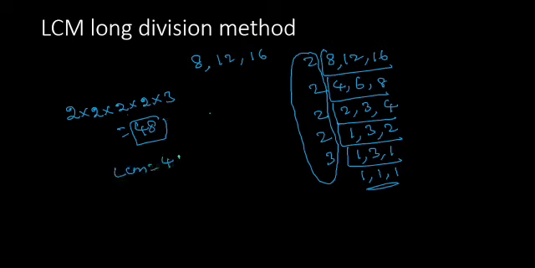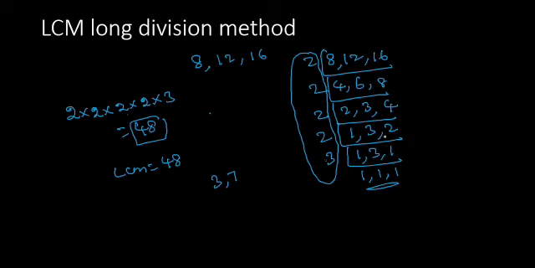Now there is another way of doing this. Let us assume that we want to find the LCM for 3 and 7. You can see that 3 and 7 do not have any common divisors. In this case, only 1 is the maximum divisor here.